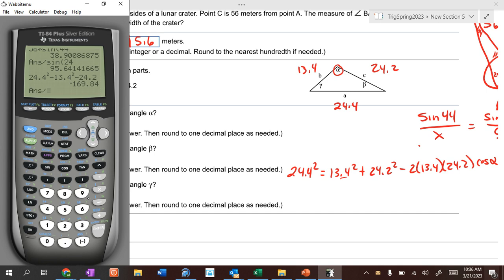And we divide it by, and then we got to put this in parentheses, all of this, negative 2 times, not minus, times 13.4 times 24.2. We get an answer, and that's what the cosine of alpha is equal to. So to figure out what alpha is equal to, we do the inverse cosine of the answer, and 74.8.